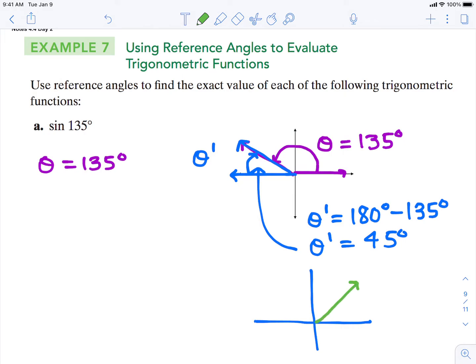If we can memorize 45 degrees has the ordered pair, square root of 2 over 2, square root of 2 over 2. Remember, this is your cosine of 45 degrees, and this is your sine of 45 degrees. So we're working with the sine value, which is the square root of 2 over 2.